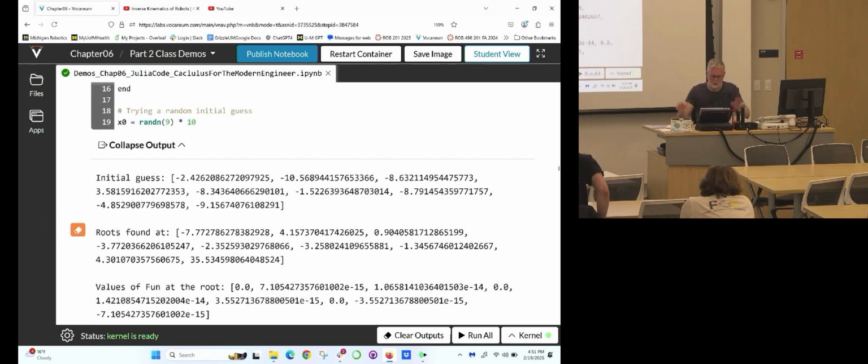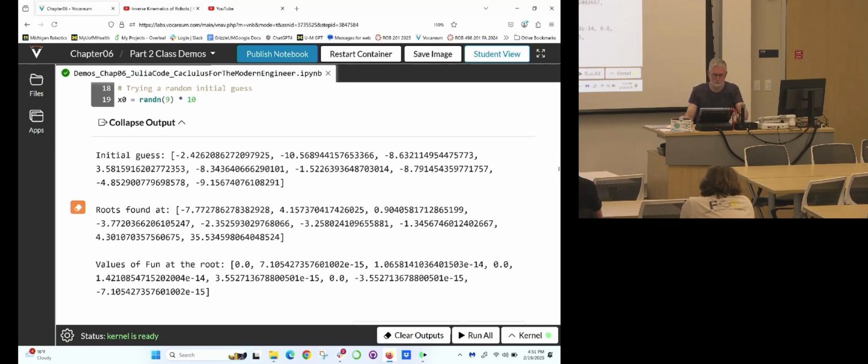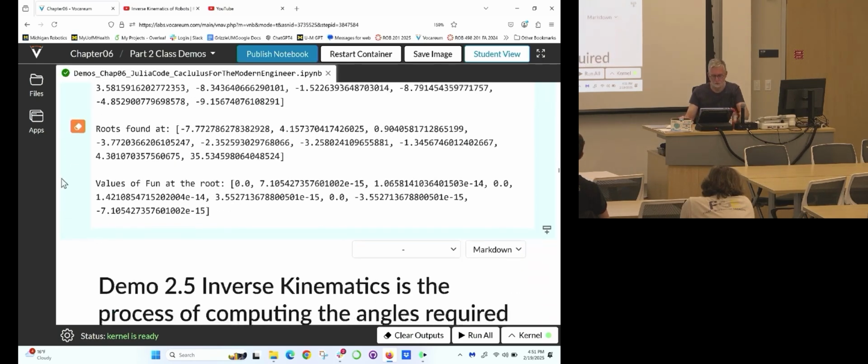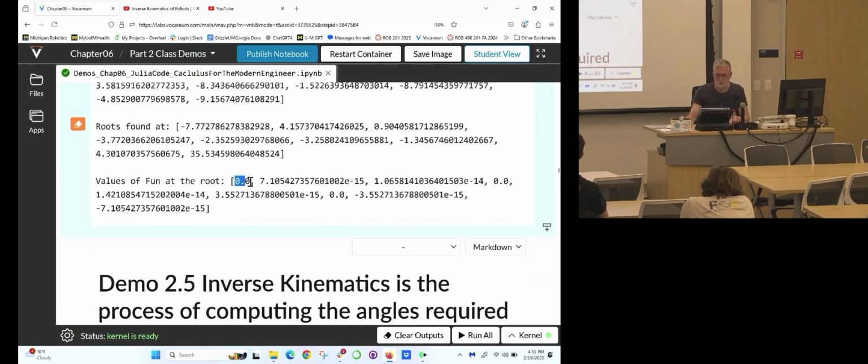And so this is where NLsolve comes in. You make an initial guess, and it's pretty far from where the roots were. So it did a pretty good job. The function values are, well, that one it got really small, but 10 to the minus 15, minus 14, et cetera. So it does a good job.